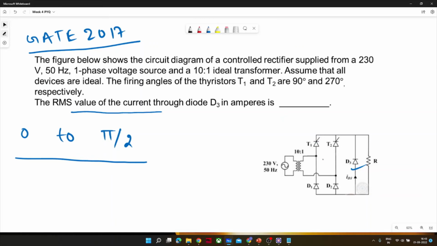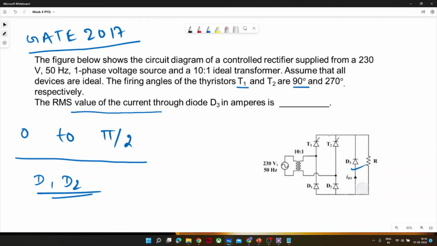T1 D2. Ideally they should conduct, but T1 has a triggering angle of 90 degrees. So it is sure that T1 would not conduct before 90 degrees; it conducts only after. In the general scenario, if both were diodes, 0 to pi by 2, T1 D2 would have conducted.